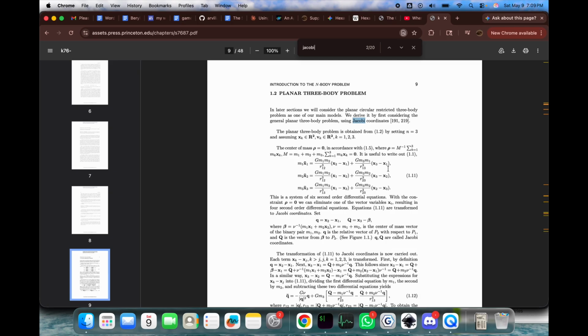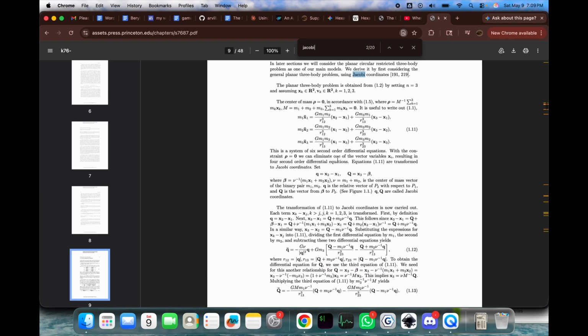Where P equals the sum over K equals 1 to 3 of m_k x_k over m, where total m equals m1 plus m2 plus m3. Okay, so this is a normal setup.